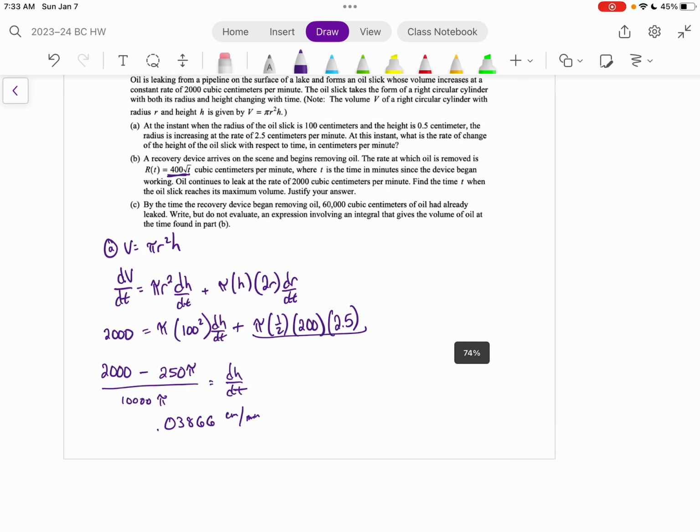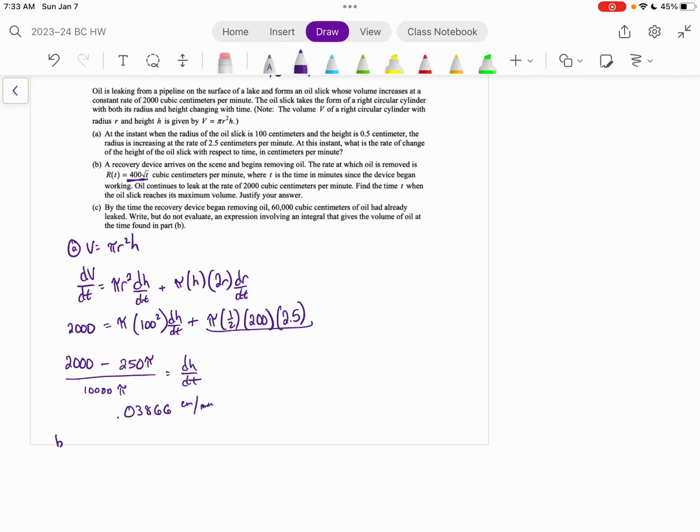So, a recovery device. Let's think about a new expression for the volume of my oil slick. The volume of the oil slick is really like 2,000 T, because that's how much it increases by, minus the removal rate.